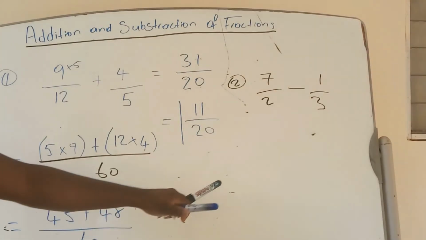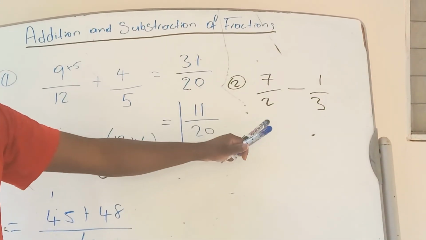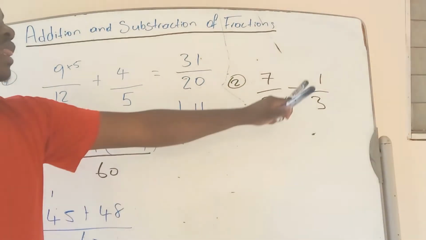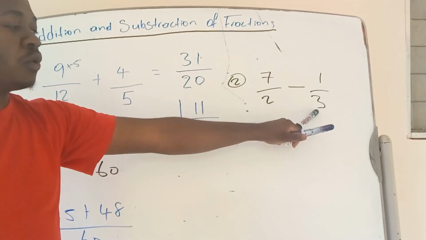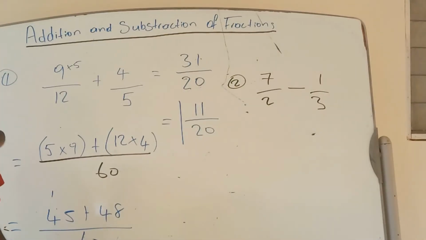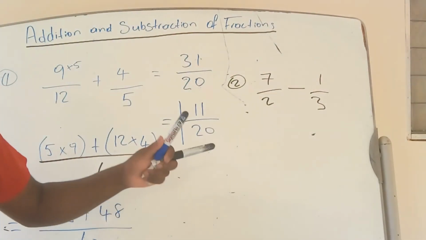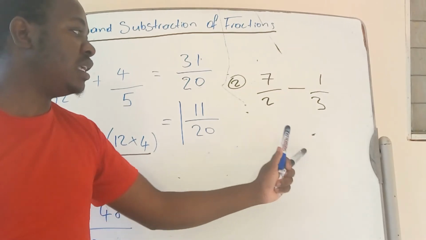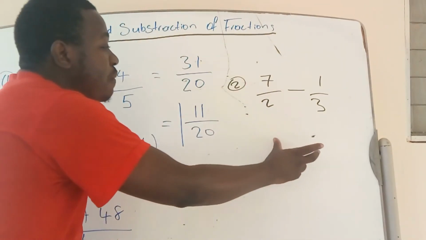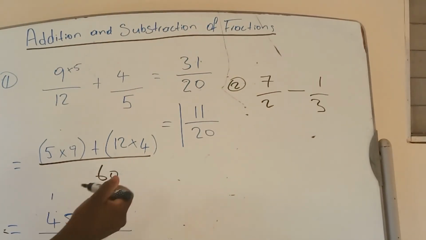Here you can see that this fraction here is from the 2 family, and this fraction here is from the 3 family, which means that they are from 2 different families, so we need to find a common denominator to make them the same family.